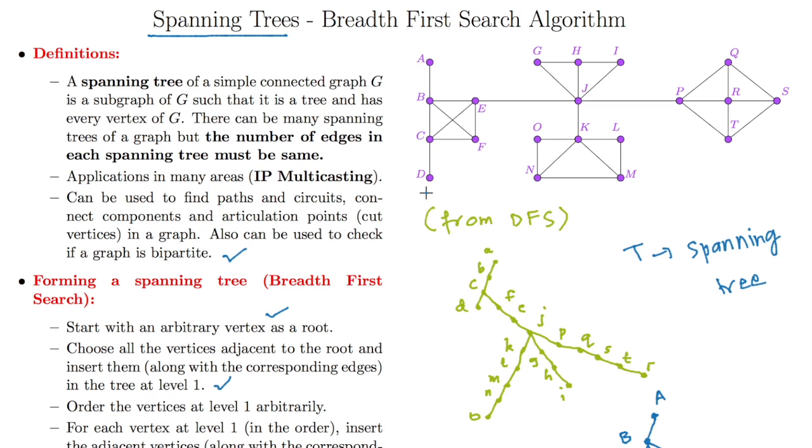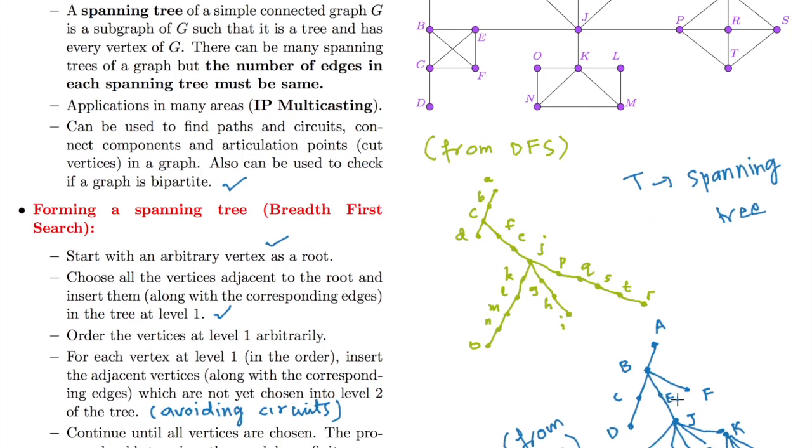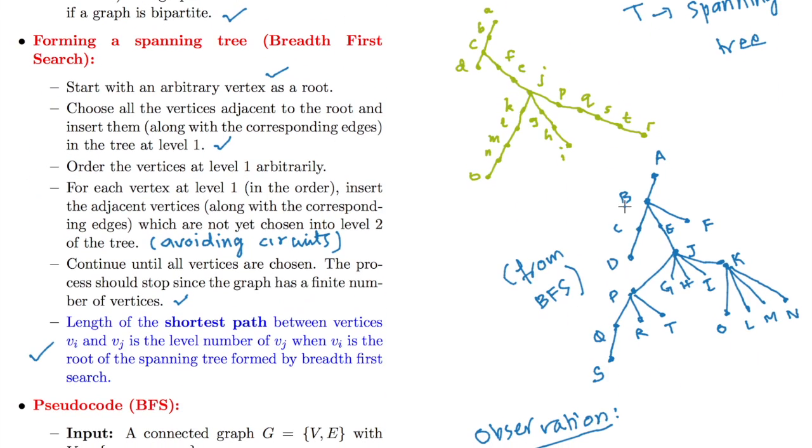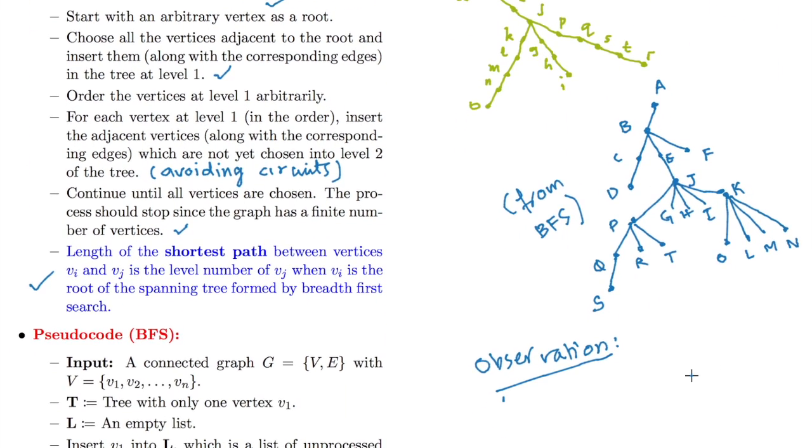C to F is now gone, and C and F are at the same level. What else? K to M is now gone. No, K to M is not gone. M to N is now gone, so M and N are at the same level. So there are cases.